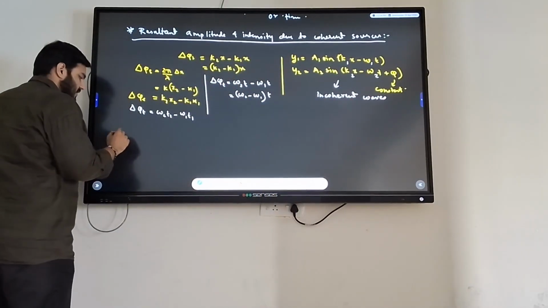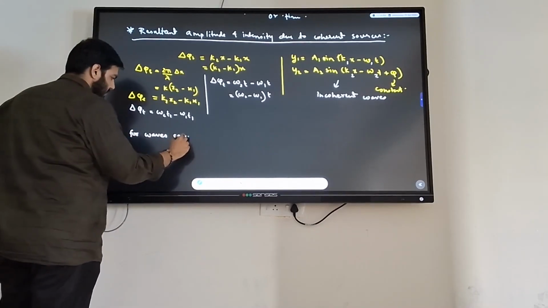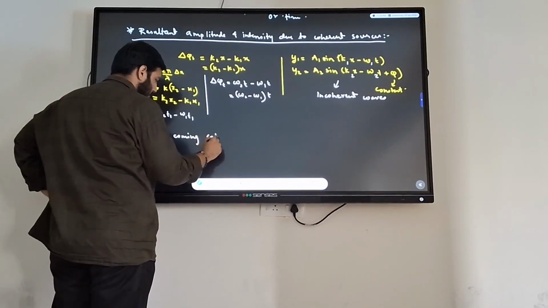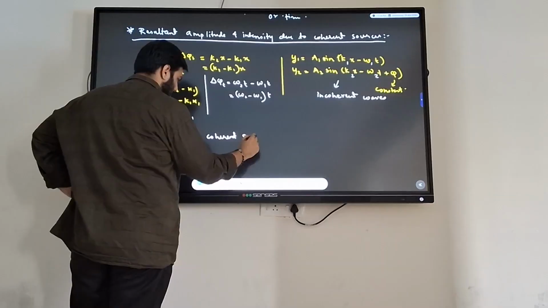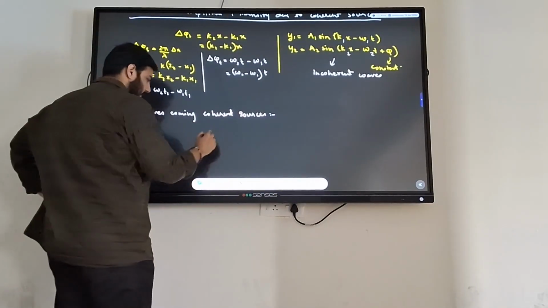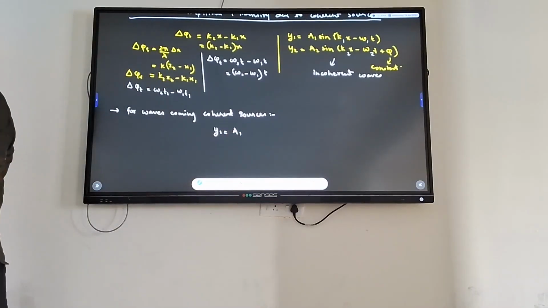Then if I want waves coming from coherent sources, what should be the wave equations? Can somebody tell me that? y1 should be... Sir, the amplitude has nothing to do with the phase difference, sir.